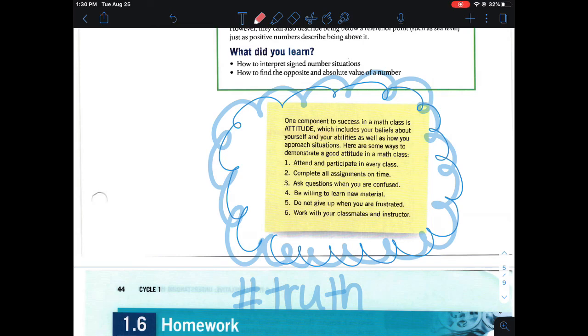So some ways to demonstrate just a good attitude in any one of your classes is to attend and participate in every class. So logging onto those Zooms, even though I know sometimes they're really boring, not the most exciting thing to do with your time, especially since you're at home.